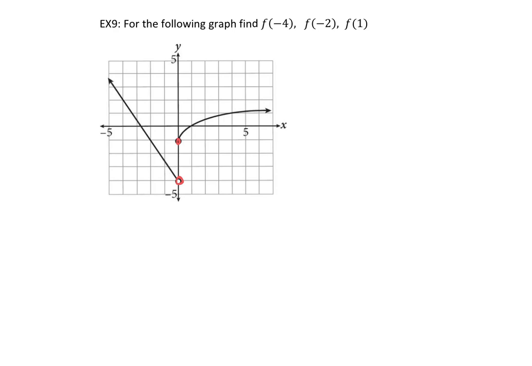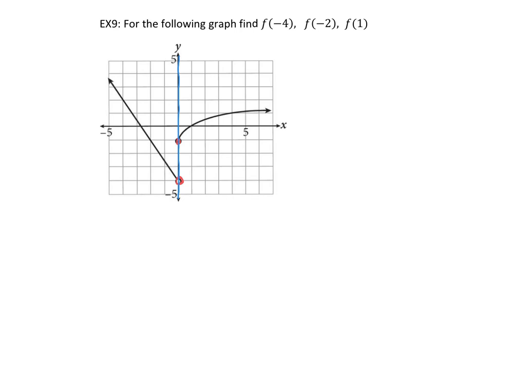So the question is, I'm using function notation, but is this a function? The answer is yes. It does pass the vertical line test. The only place where I would have a problem would be looking at the y-axis. If I draw that vertical line, does it pass through 2 or more points?